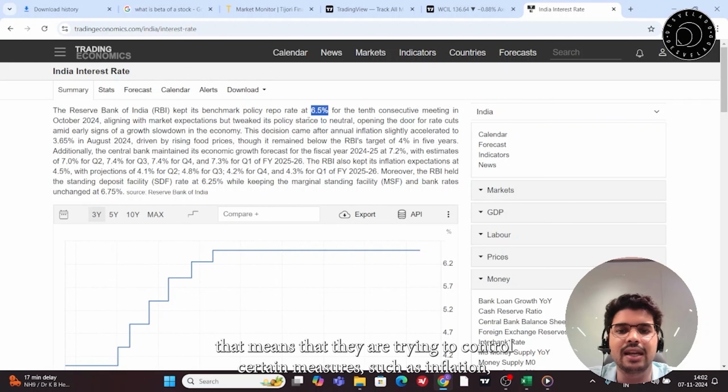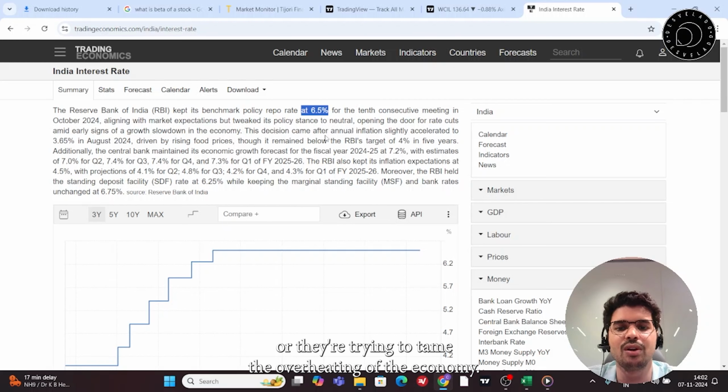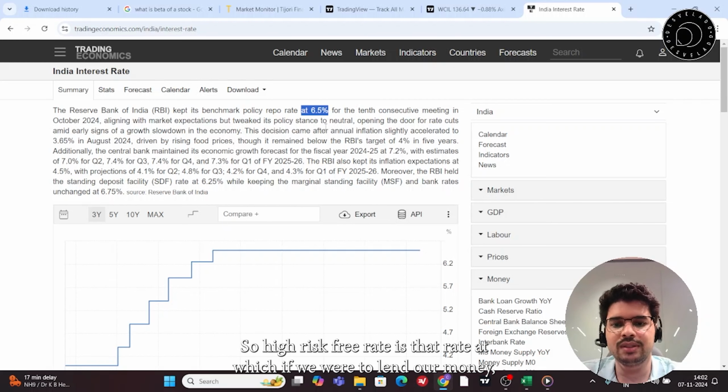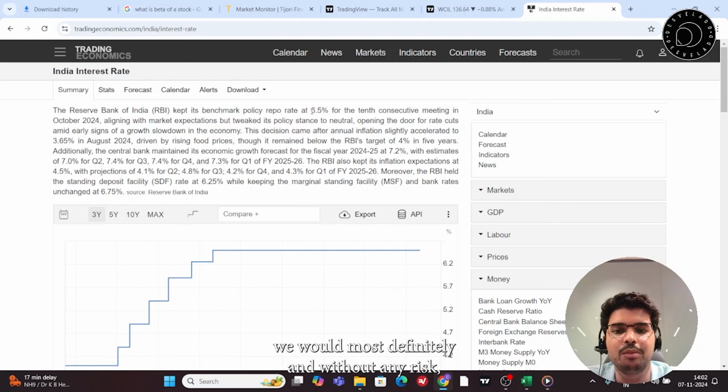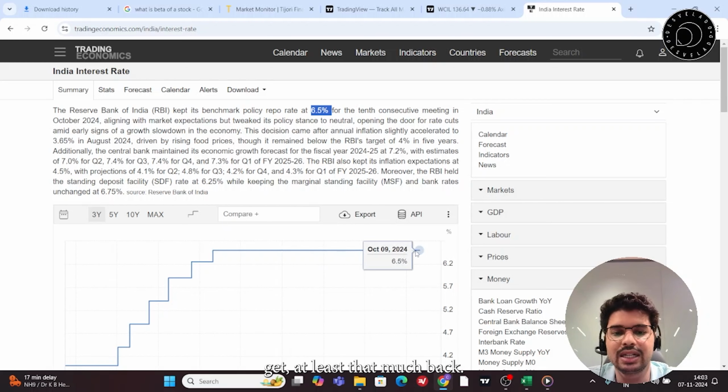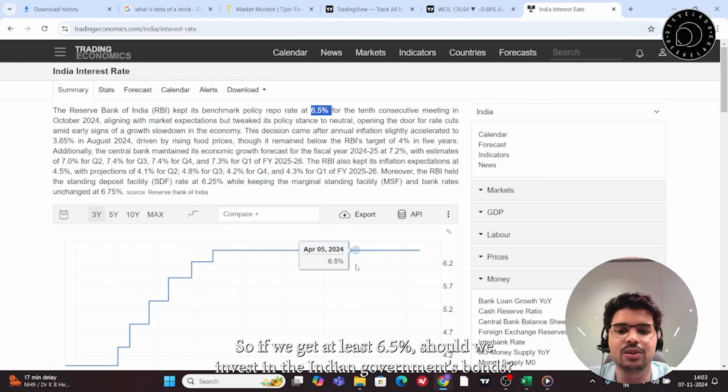If they increase it, they are trying to control certain measures such as inflation, or tame the overheating of the economy. Risk-free rate is that rate at which, if we were to lend our money, we would most definitely and without any risk get at least that much back. So we'll get at least 6.5% should we invest in the Indian government's bonds.